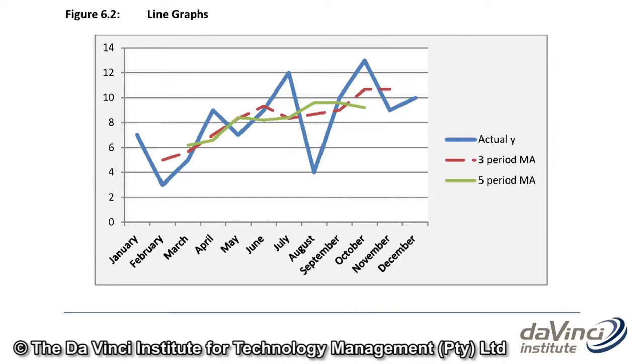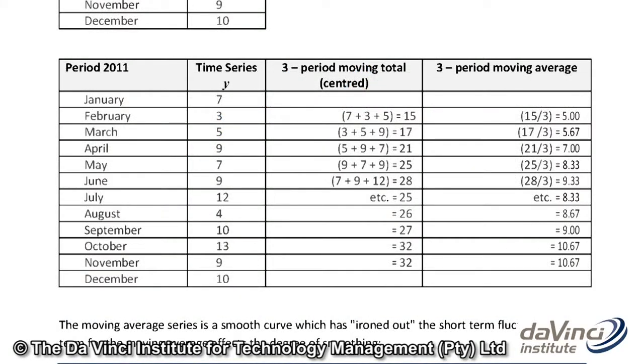What has happened to the first variable is that, you see where it says centered, it is no longer there because it's now incorporated into the first three components. So you have 7, 3, and 5 that are now being centered and are giving you an average of 5. Then you take the next three, which will start from 3, 5, and 9, an average of 5.6. And then the next one you take 5, 9, 7.